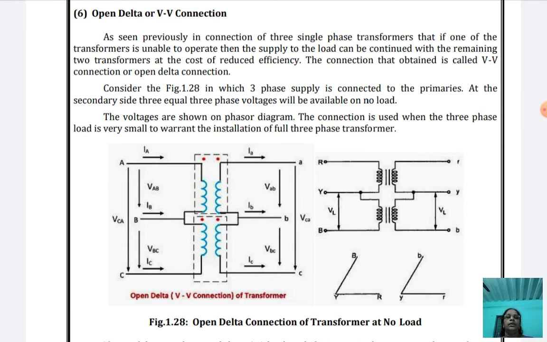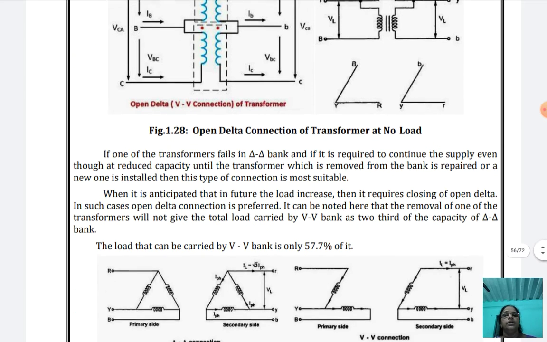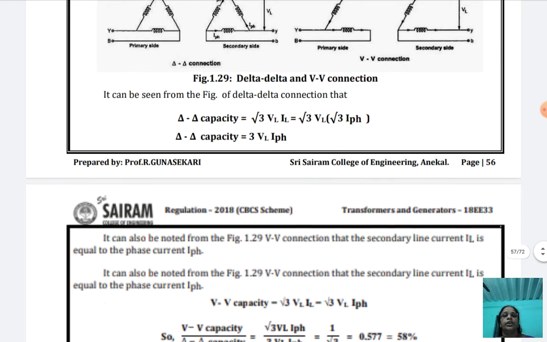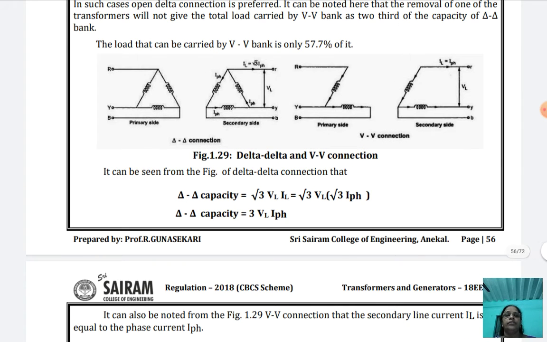The secondary side is represented by small letters and the primary side by capital letters. This is the delta VV connection. Now we calculate the capacity. See the figure on the left hand side: primary is delta, secondary is also delta, with no opening. This is the ordinary delta connection.